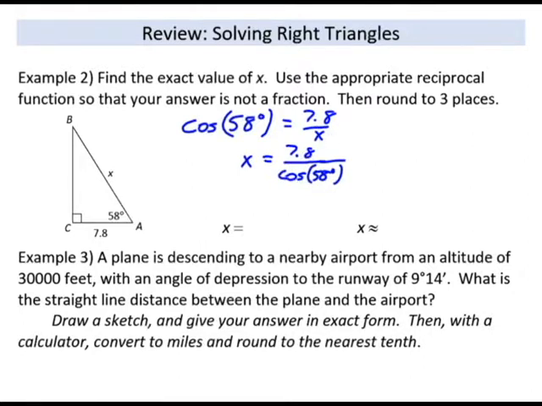The one thing I want to introduce is that we can use the reciprocal functions to take this exact form answer and make it simpler. The reciprocal of cosine is secant, so this is 7.8 times the secant of 58 degrees. And that is our exact form answer.